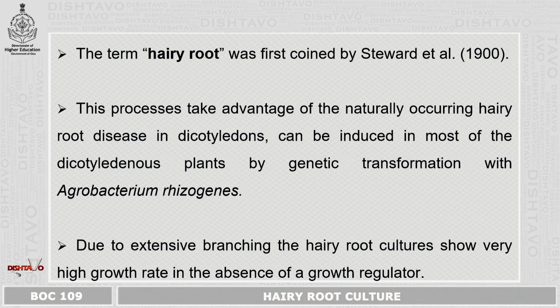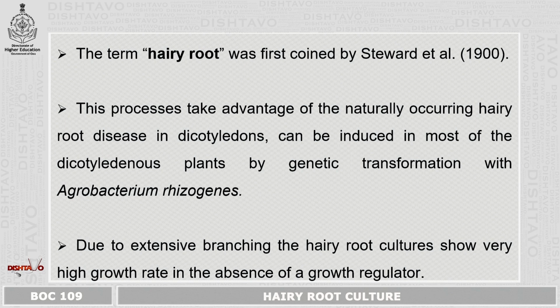Now this term, students, hairy root, was first coined by Stewart et al. in the year 1900. This process takes advantage of the naturally occurring hairy root disease in dicotyledons and can be induced in most dicotyledonous plants by genetic transformation with Agrobacterium rhizogenes.